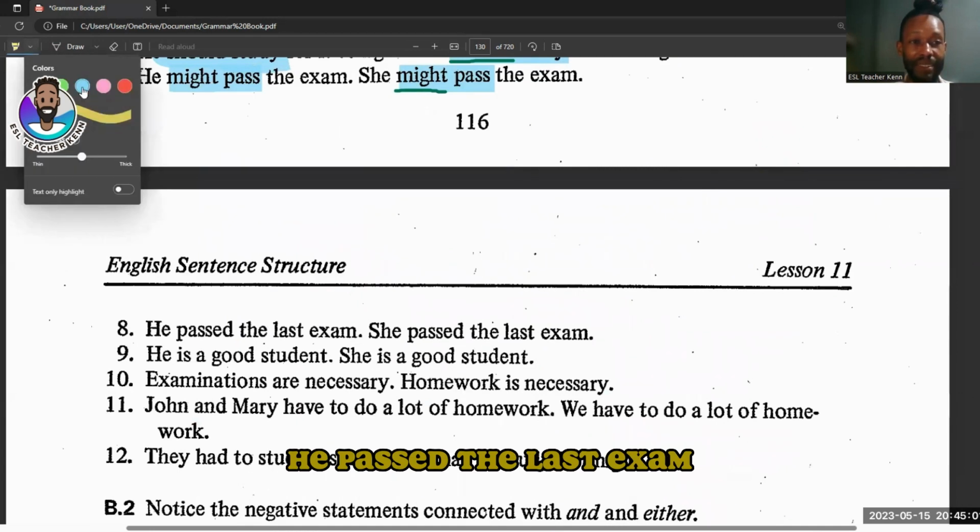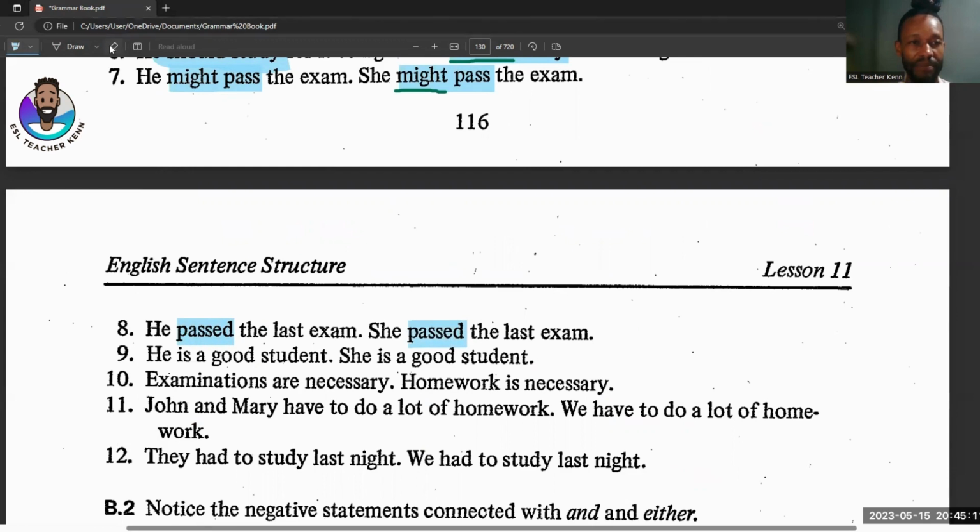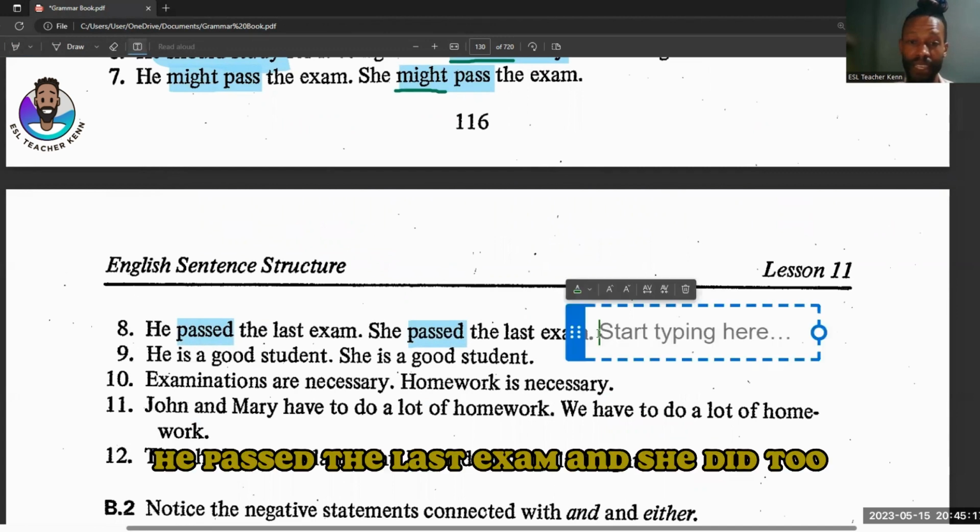He passed the last exam. She passed the last exam. He passed the last exam, and she did too.